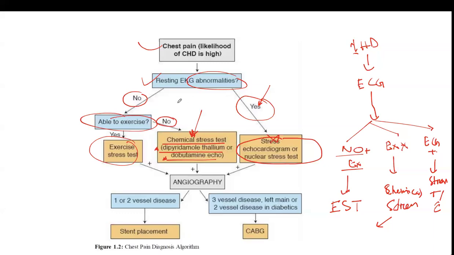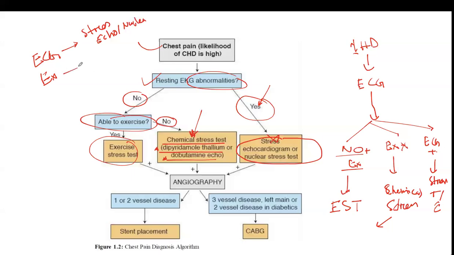So if we have a patient who has suspected ischemic heart disease, we did a resting ECG, nothing came up, and we're still worried about the patient, then we look for two things. What does the baseline ECG look like, and is this patient able to do exercise? If the patient's baseline ECG is abnormal, then we go directly for a stress echo, which is exercise echo, or a nuclear test or thallium test, same thing.